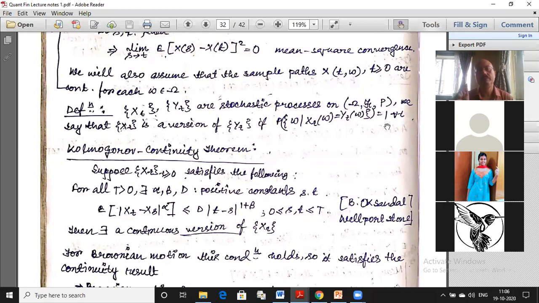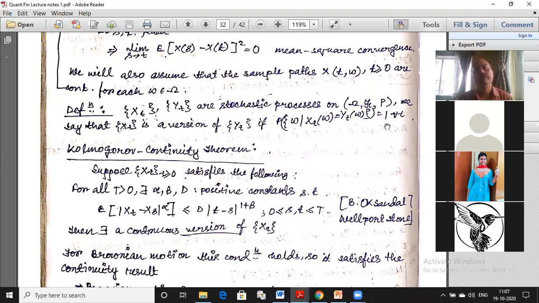Because it's a little bit of a nuanced idea. That X_t and Y_t could be coming from completely different kinds of measurement processes, but if they probabilistically match, then that's all we are interested in.